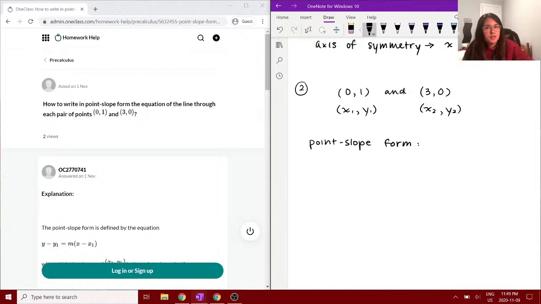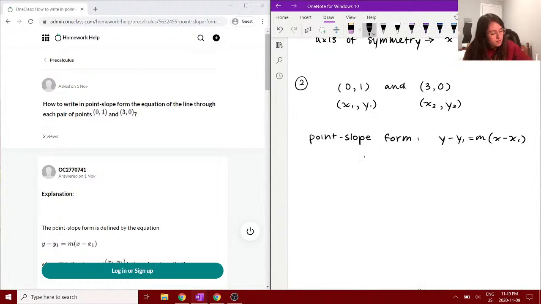So it's asking for point-slope form, and point-slope form is written like this. We have y minus y1 is equal to m times x minus x1. Sometimes you can see these subscripts written as i for initial. So instead of y1, it's yi or xi. So it just means the same thing. That's just the first point.